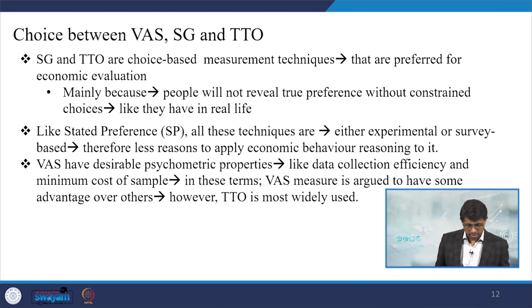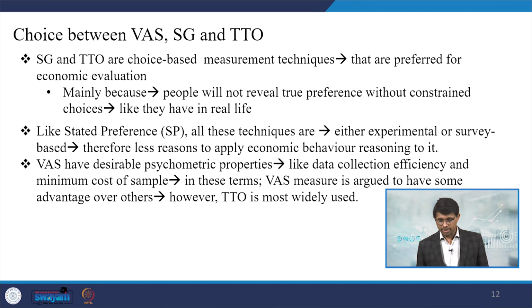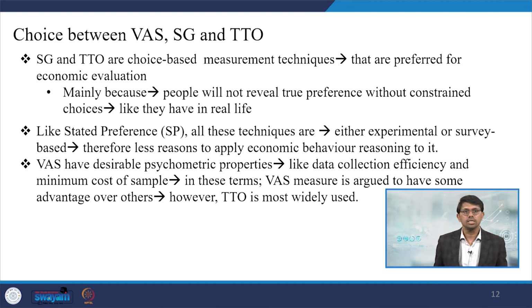The visual analog scale has desirable psychometric properties like data collection efficiency and minimum cost of sample. The VS measure is argued to have some advantage over others. However, the TTO, we just said, is most widely used.